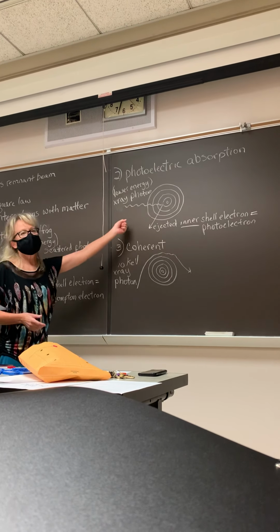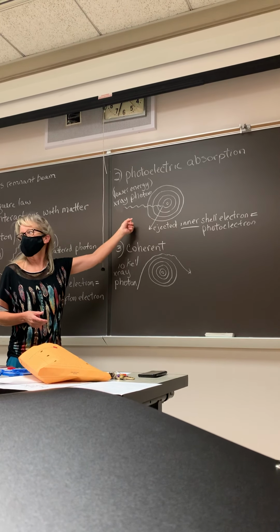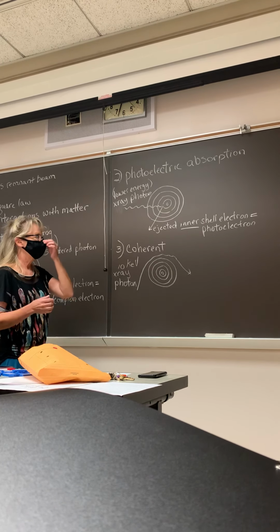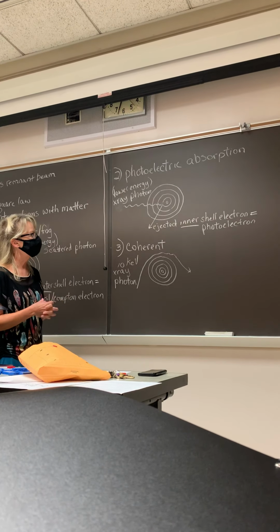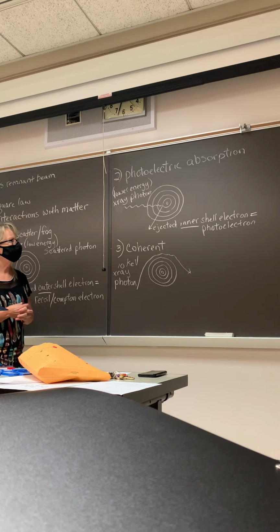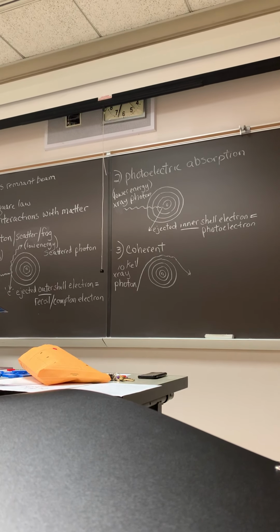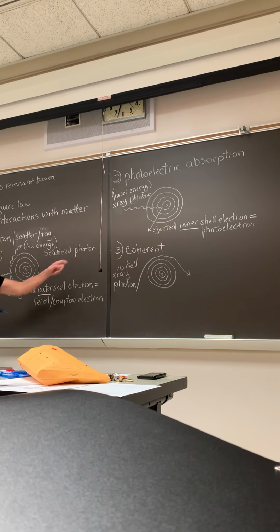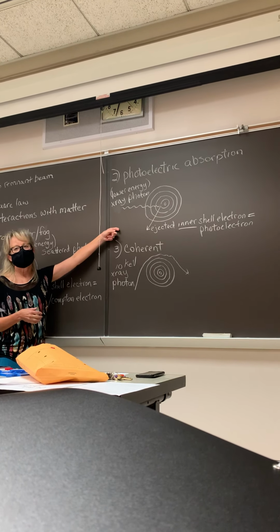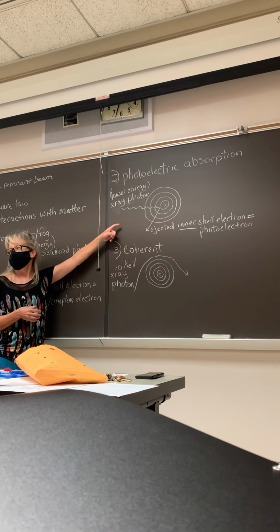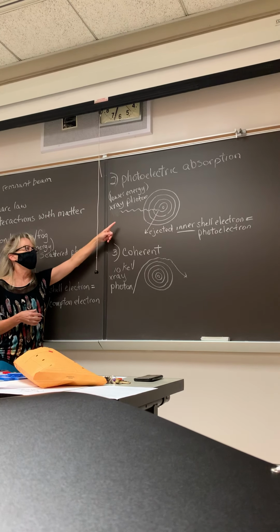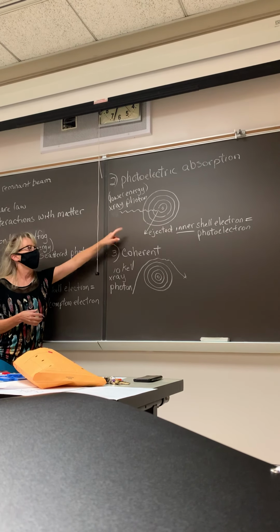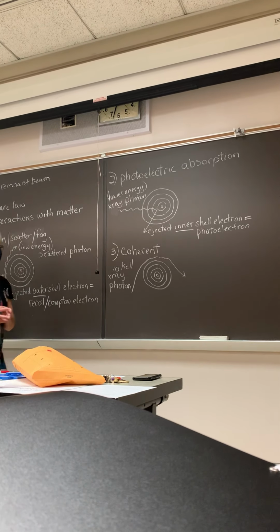So photoelectric gives us our high contrast, black and white. So if you see a little picture of photoelectric, really only two things happen. That X-ray photon comes in, totally absorbed in an inner shell, and you get an ejected inner shell electron.